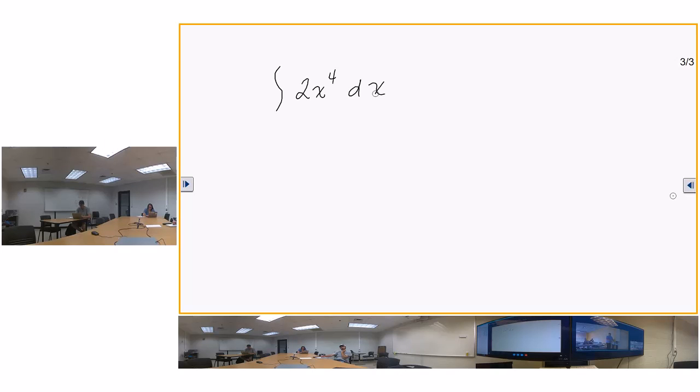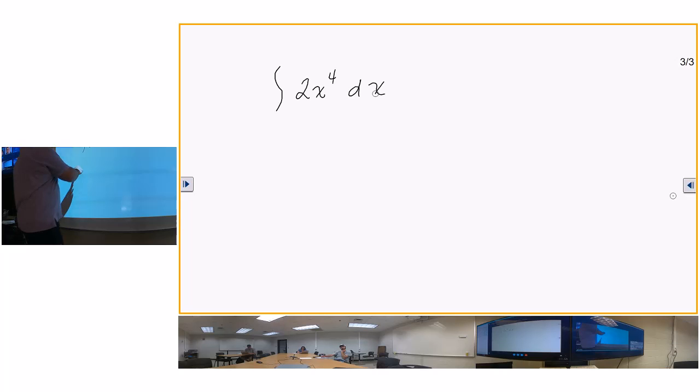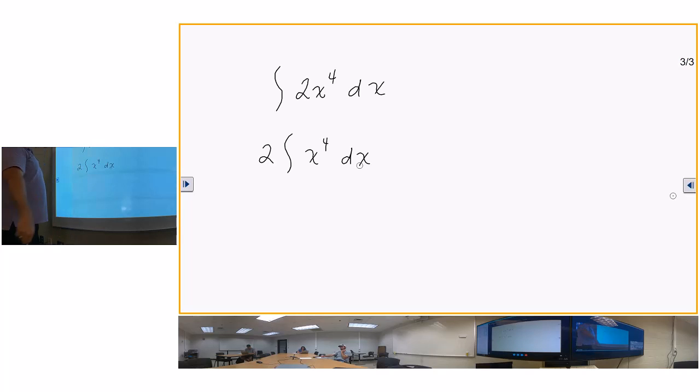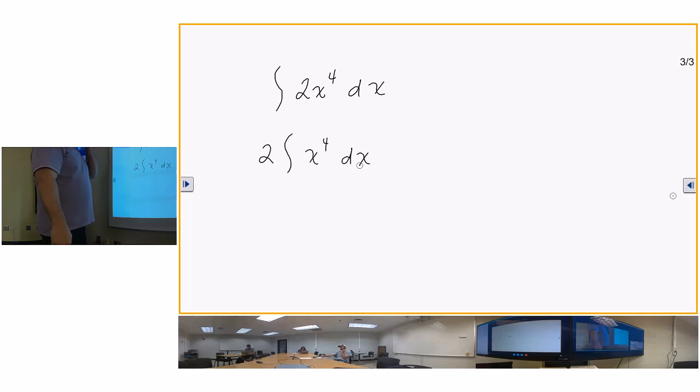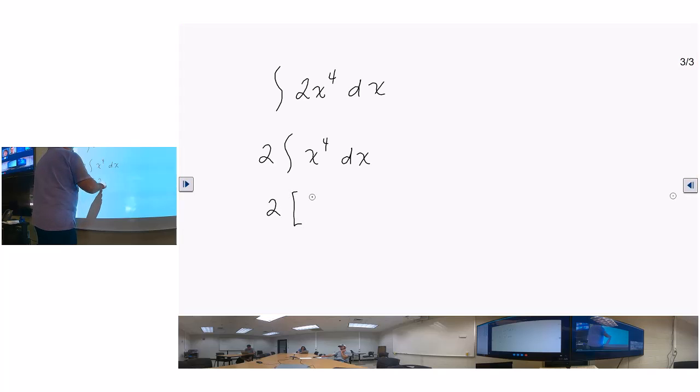That 2 can come out because it's a constant. So you will go 2 times the antiderivative of x to the fourth dx. Now you want to take the derivative of this guy. I'm sorry, the antiderivative. So you add 1, so that's going to be 2 bracket x to the 4 plus 1 over 4 plus 1.